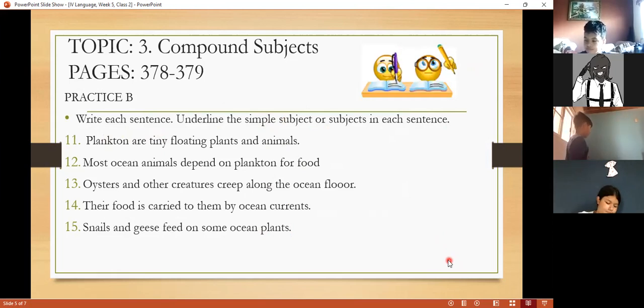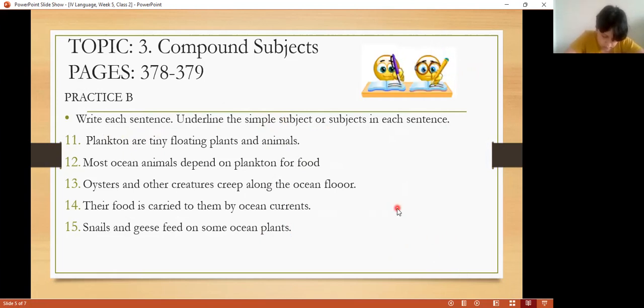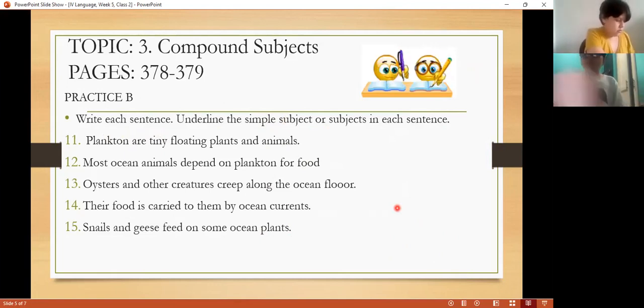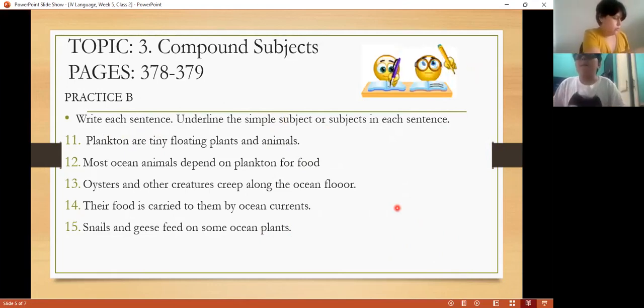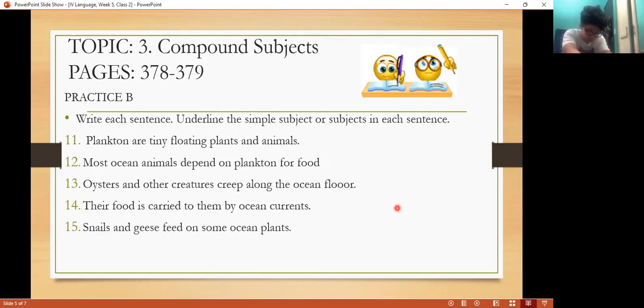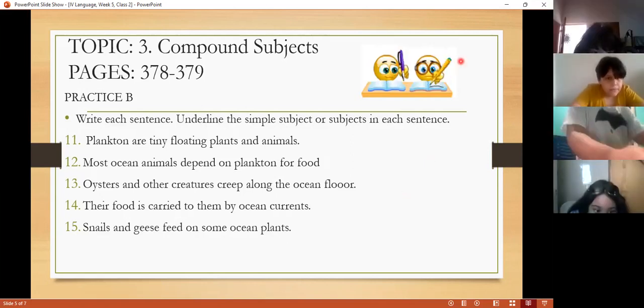Copy this in your notebook, class. I'm going to give you 5 minutes to copy this in your notebook and also to identify then the simple subject or compound subjects.